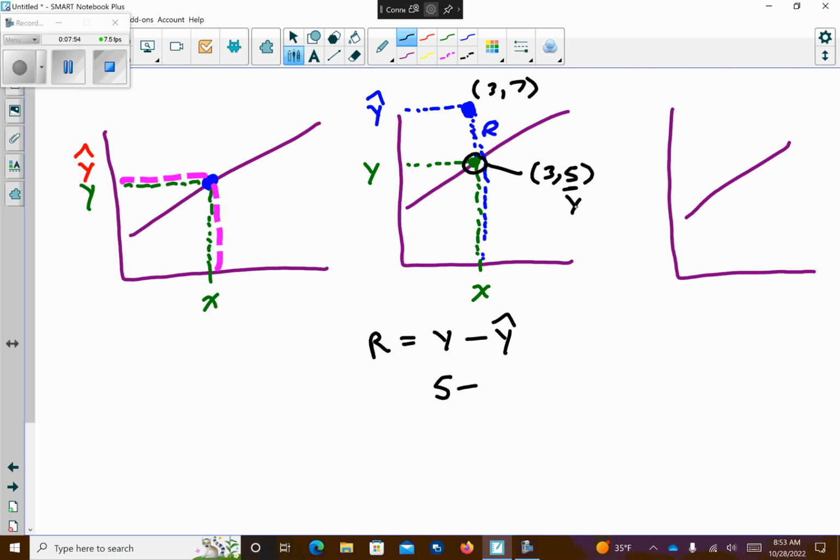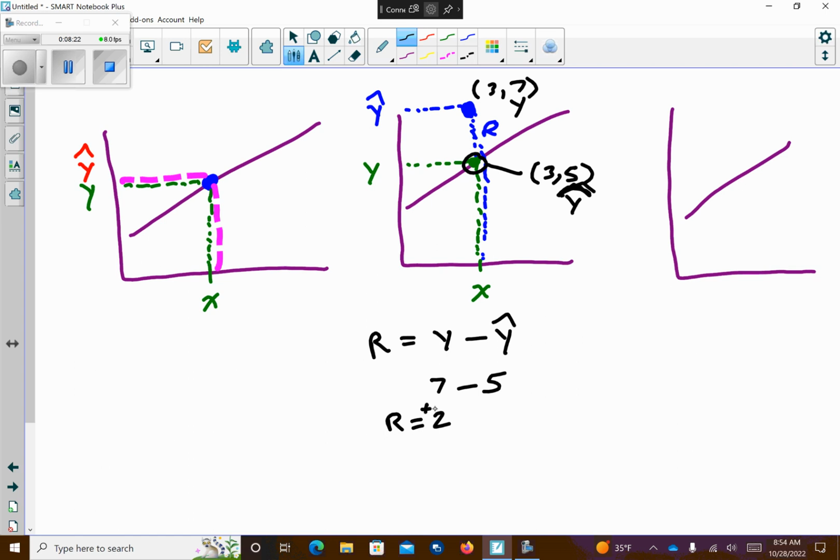Oh gosh, I just went backwards. I'm sorry. This is my y hat value, and this is my y value. So I'm going to go 7 minus 5. So we get a residual of 2. Okay, and you can say it's positive 2.